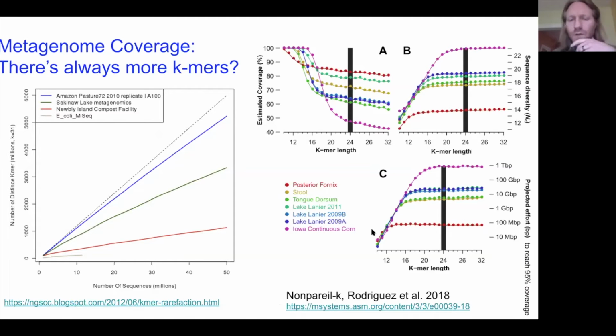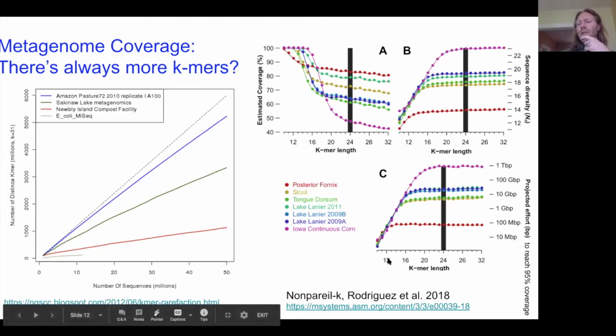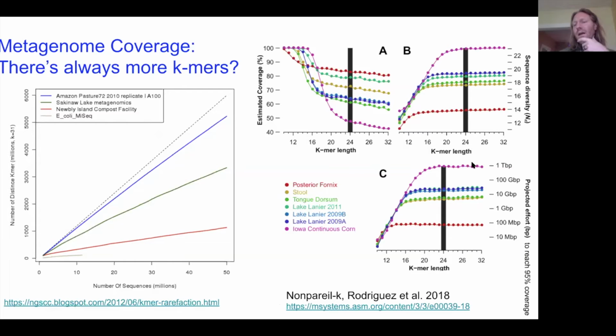So if you look at these graphs, particularly this one on the bottom right, which shows the k-mer length on the x-axis, and then the projected effort needed to reach 95% coverage, and that is to sequence 95% of all the k-mers that are actually there for a variety of different samples here.